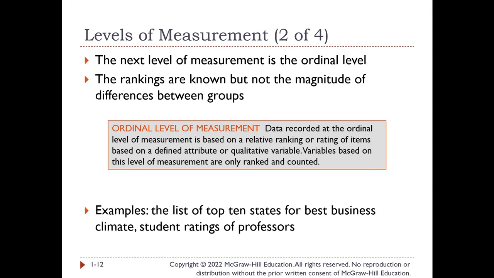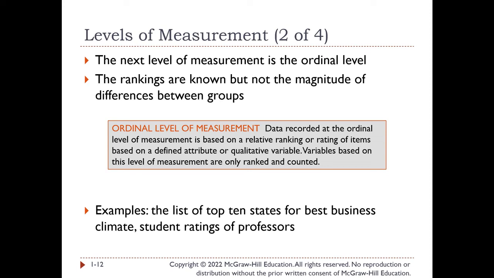So the next level is the ordinal level. And this is where we start ranking a little bit of our measurement data. So they are starting to be known, but not to the magnitude of differences between groups. Okay. So they're going to have more of still qualitative variables.